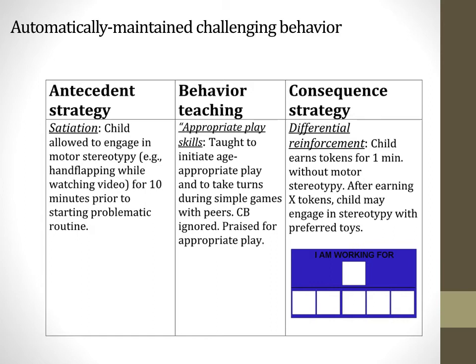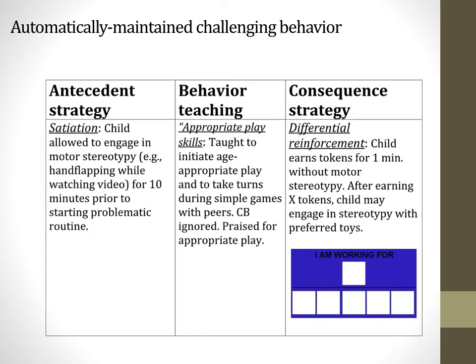The student can be satiated before the child is doing something. And you can directly teach the appropriate behavior using whatever strategy you have while the challenging behavior is ignored.